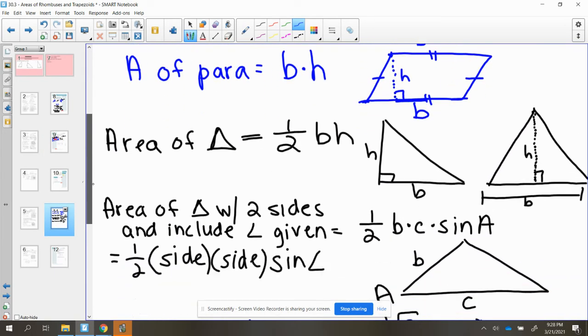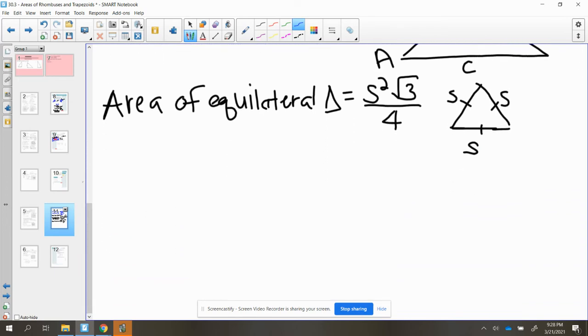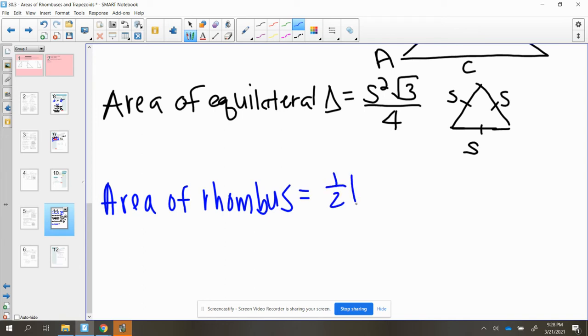Okay, so if we're going to add to our organizer, we've had the area of a rectangle and the parallelogram. We also had the areas for our triangles, right? We've talked about these over the past few days. Now we're going to add on our last couple of formulas. This next one is going to be the area of a rhombus, which has two formulas. Officially, it could be base times height, because remember, a rhombus is officially a parallelogram.